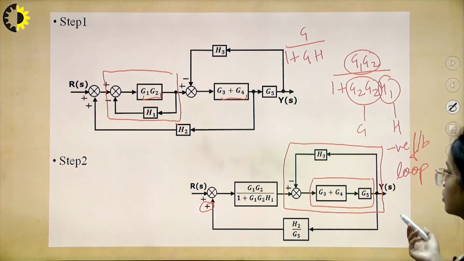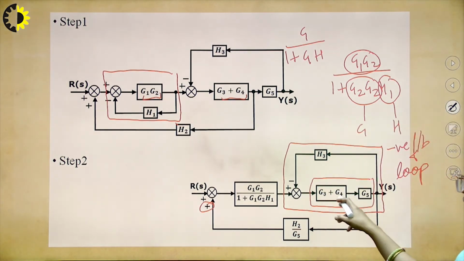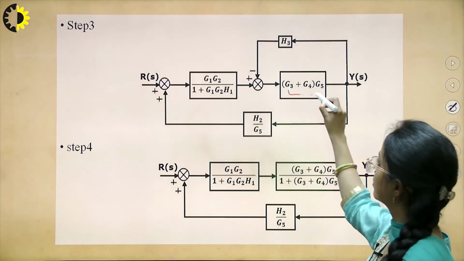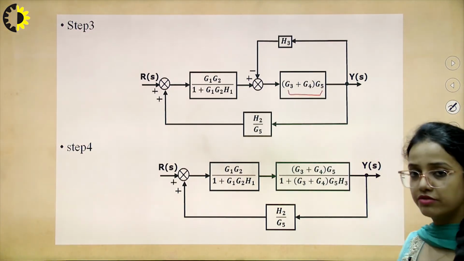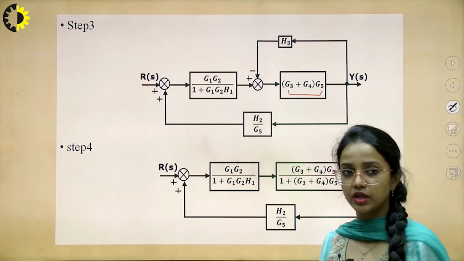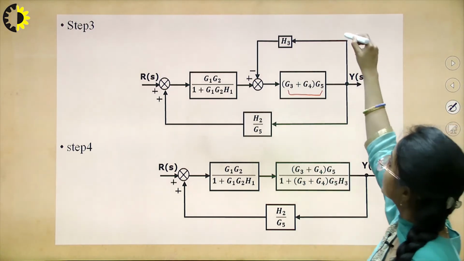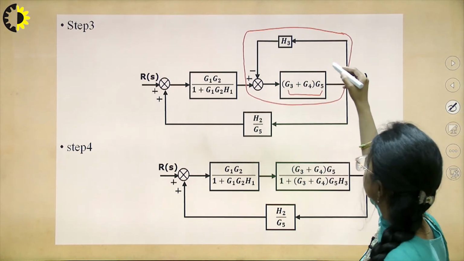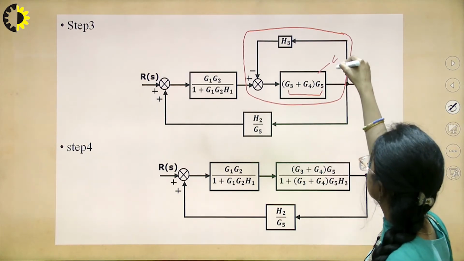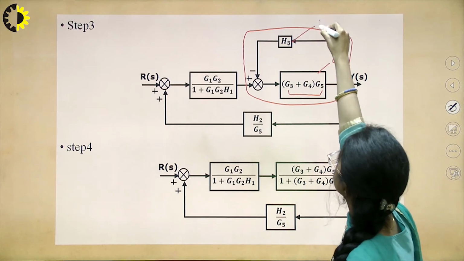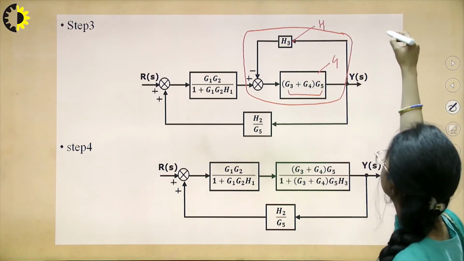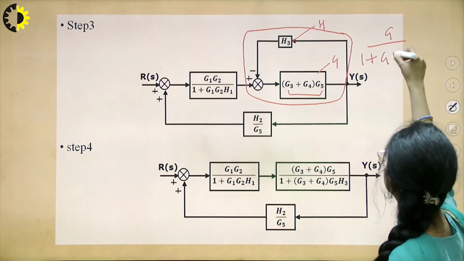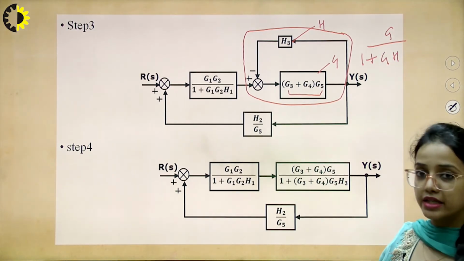So moving on step by step, first we combine the two of them. Combining the two, we have G5 into G3 plus G4. Applying the negative feedback mechanism here, this is G, this is H, and for negative feedback we have G upon 1 plus GH. How are we figuring out that it is negative feedback?